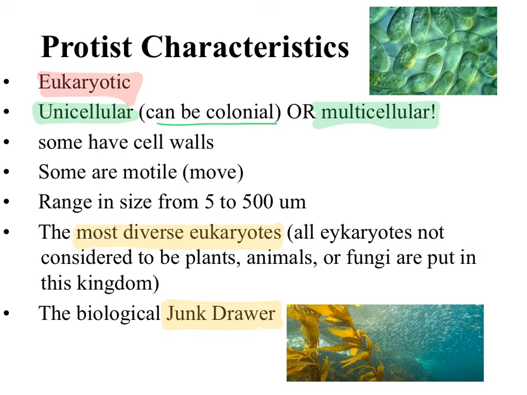Some are going to have cell walls, just like plants do, though their cell walls are often composed of different things. Some are motile, which means they move. Some aren't motile. There's a large range in sizes.